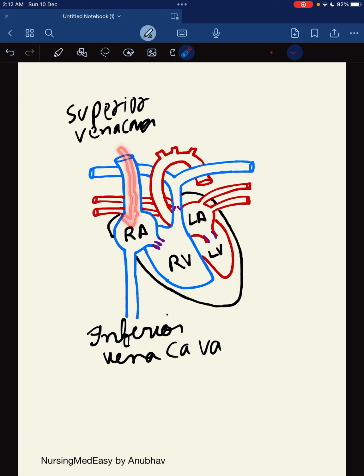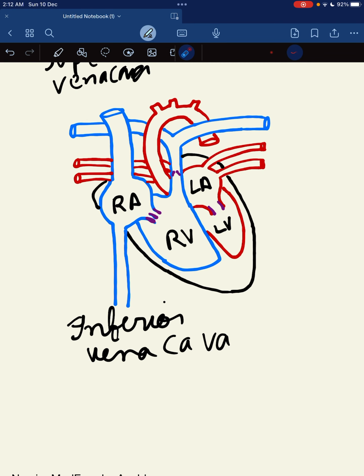It goes through the tricuspid valve, which you can see here, and into the right ventricle.